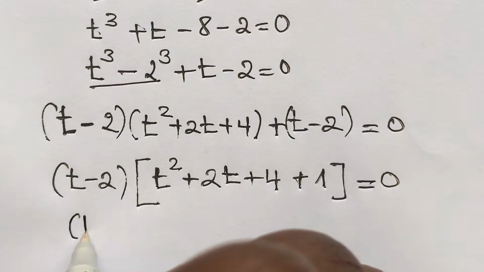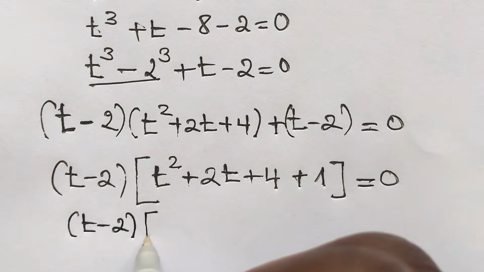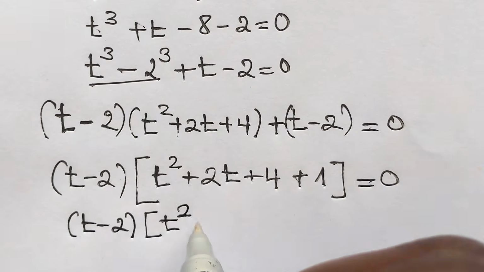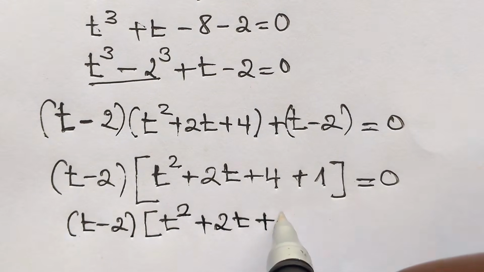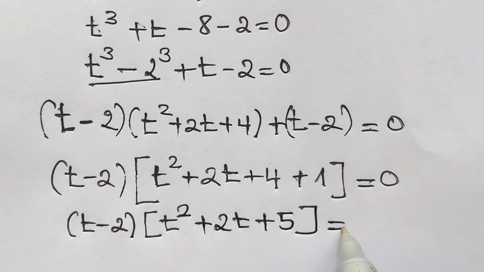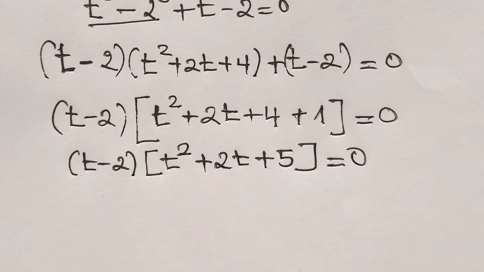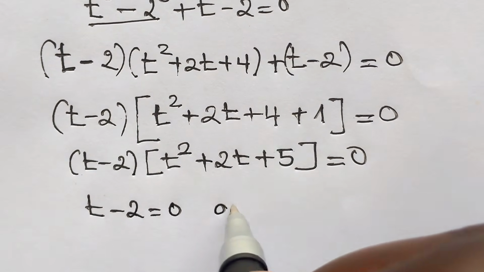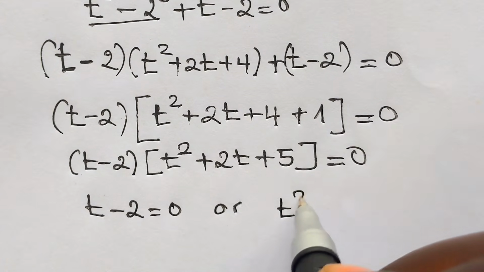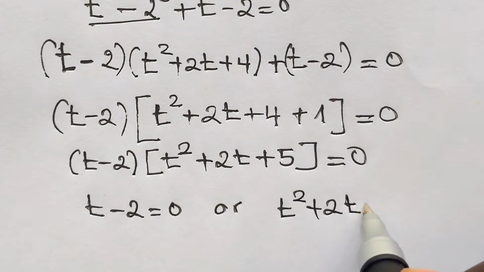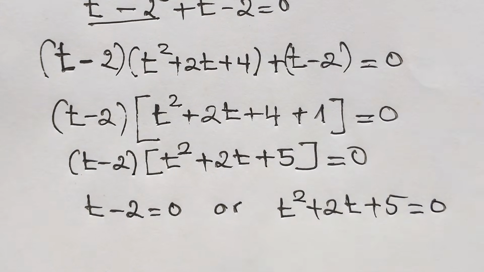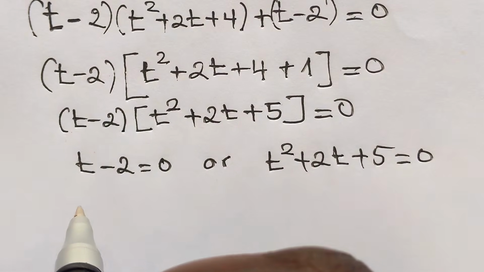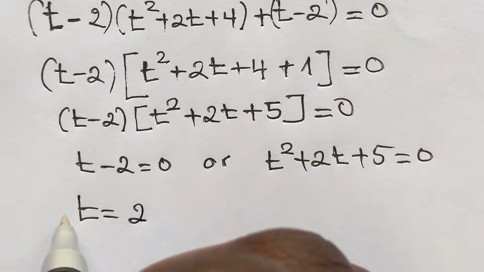At this stage we shall write t minus 2, open bracket of t squared plus 2t plus 5, close bracket equals to 0. At this stage we shall write t minus 2 equals to 0, or t squared plus 2t plus 5 equals to 0. At this stage we have t equals to 2.